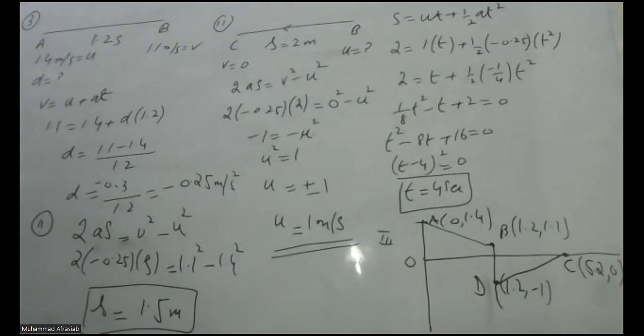So these are the positions of A, B, and C, where at point A its speed is 1.4 meters per second, at B its speed is 1.1 meters per second, and at point C its speed is 0. The time at A is 0, then at B 1.2 seconds, and at C 5.2 seconds. So this is the complete solution of question number 3 for this kinematics topic.